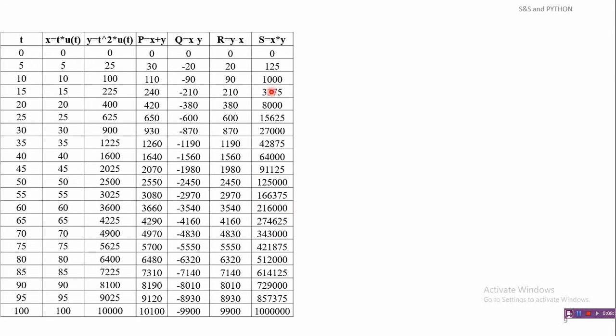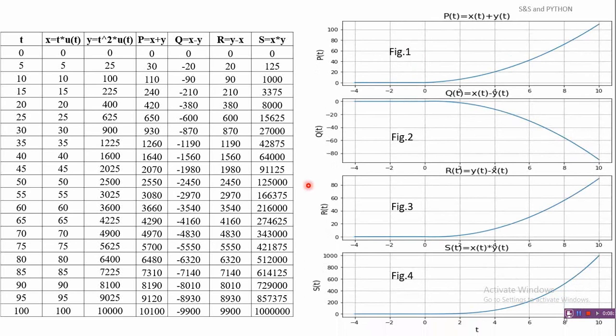And next, when we plot the four solutions, we get the graph like this or the signal like this. So p of t is the sum of x of t and y of t. It is plotted between minus 4 to 10. And q of t is x of t minus y of t, r of t like this and s of t is like this.